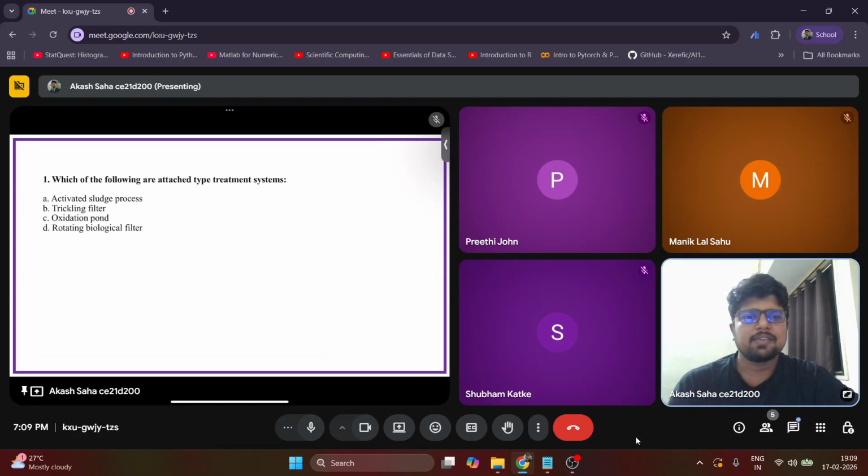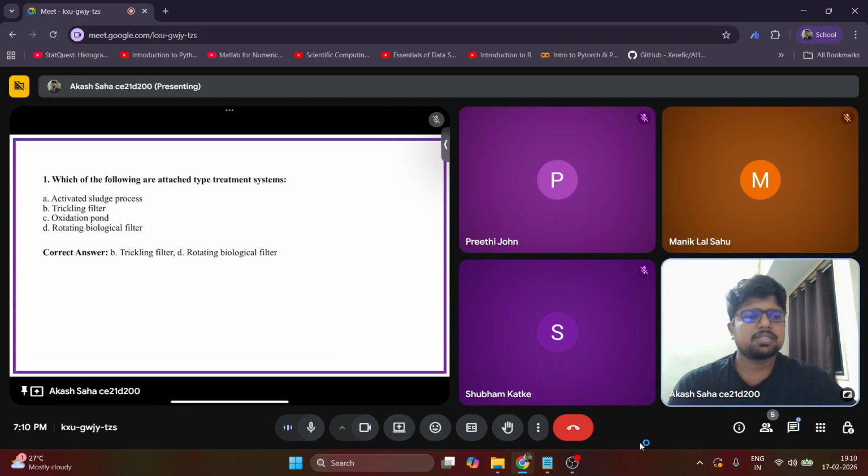We have some media on which the biomass grows, and those microorganisms help in degrading the organics. So here the correct answer, as rightly pointed out by you, will be trickling filter and rotating biological filters.